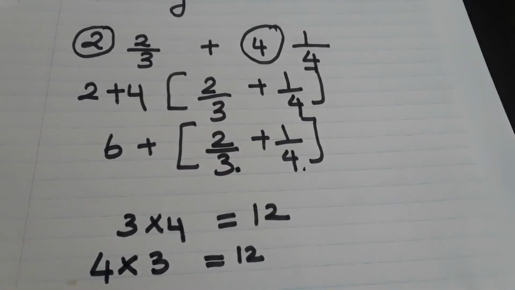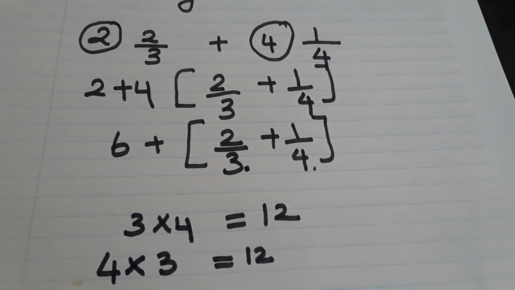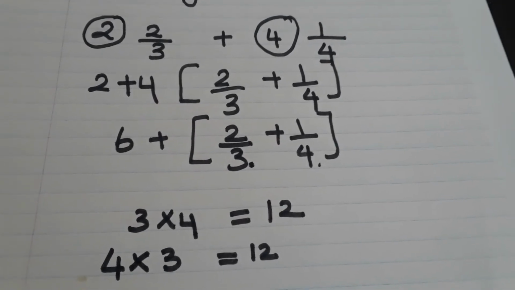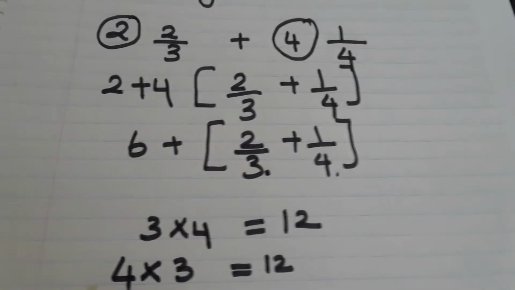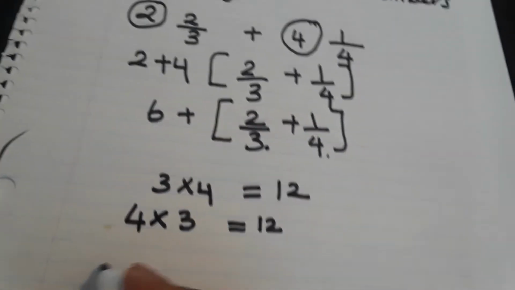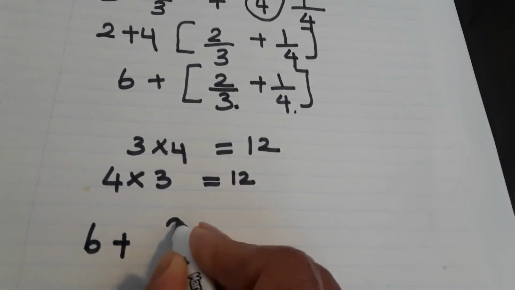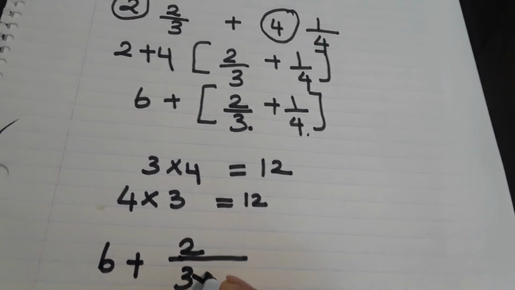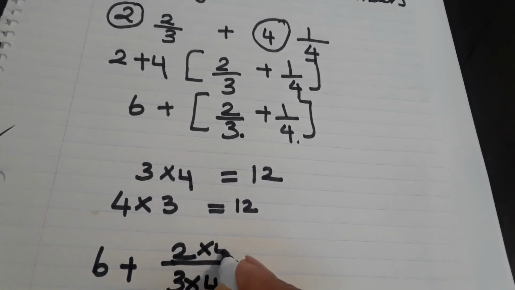But one thing you have to remember is that whatever you do to the bottom of the fraction, you have to do to the top of the fraction as well. So here 6 plus 2, 3 multiplied by 4. So you have to do the same to the top of the fraction.